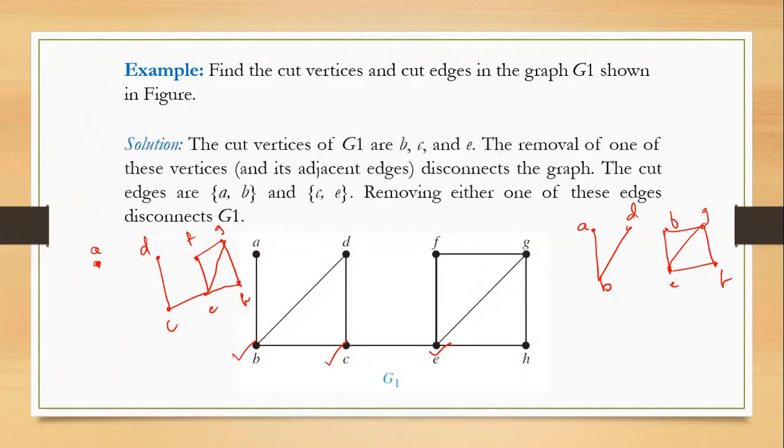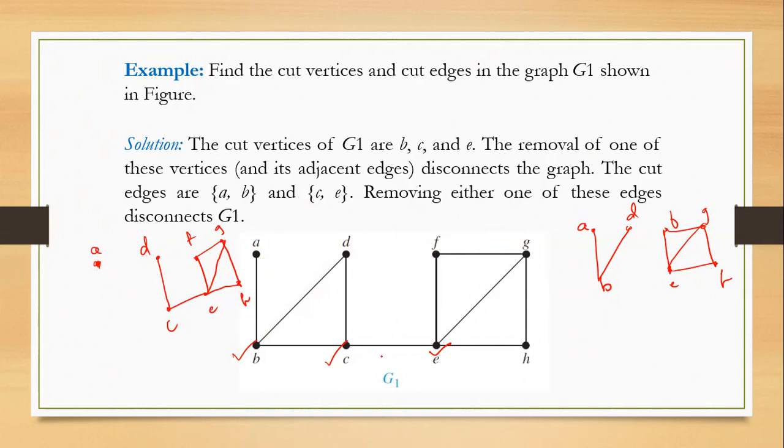So let's see the solution. The cut vertices of G1 are B, C and E. The removal of one of these vertices and its adjacent edges disconnects the graph. The cut edges are AB and CE. If I remove AB, then A and B will become disconnected, that is, the vertex A is cut off.